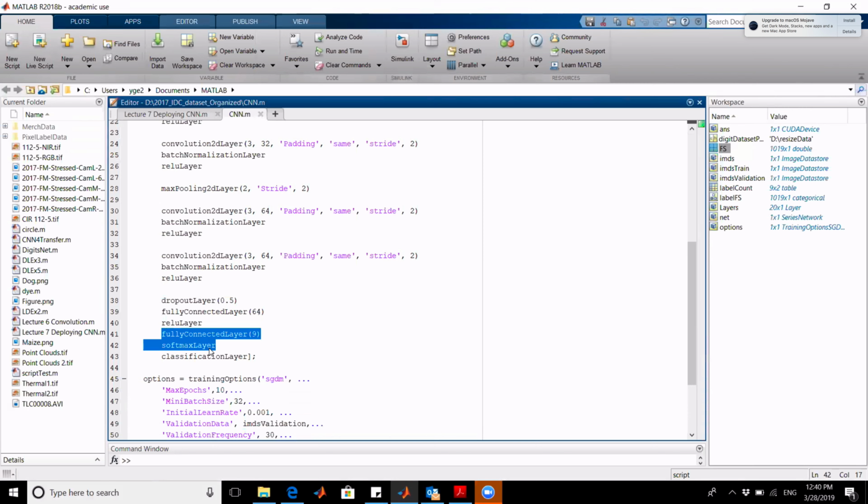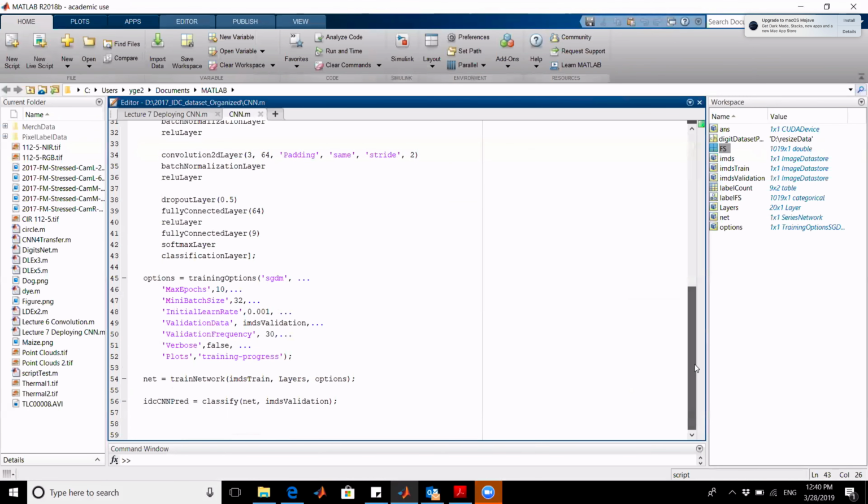Okay, and then that connects to softmax, because I'm doing a classification problem, and then I do the classification layer. Okay, so that's basically the neural network structure. And don't ask me why, I just put them together, okay? So this is not optimized at all.